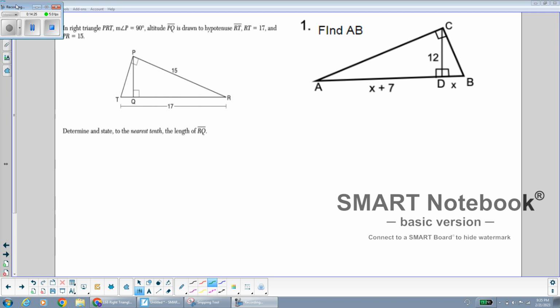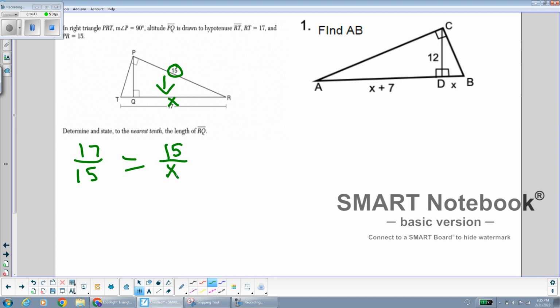Okay, so over here, we're finding the length of RQ. I'm going to label that as x. We have information about the leg of the big right triangle, so that's going to be the leg rule. The leg rule says that the leg of the right triangle is the mean proportional between the whole hypotenuse and the part of the hypotenuse directly below that leg.